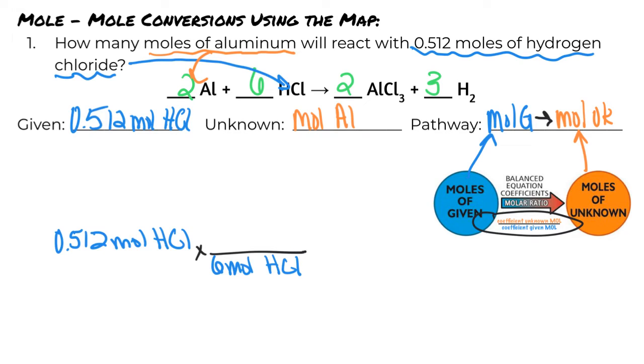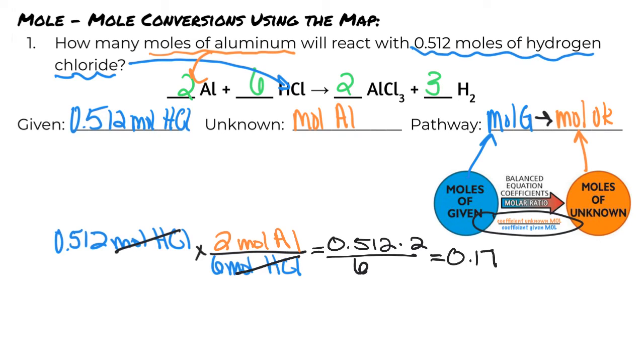So my unknown is going to be 2 moles of Al. As we go, remember, cancel units. Moles of HCl will cancel. So my math is going to be 0.512 times 2 all over 6. I calculate that answer and I get a final number and unit of 0.17. My final unit is moles of Al.